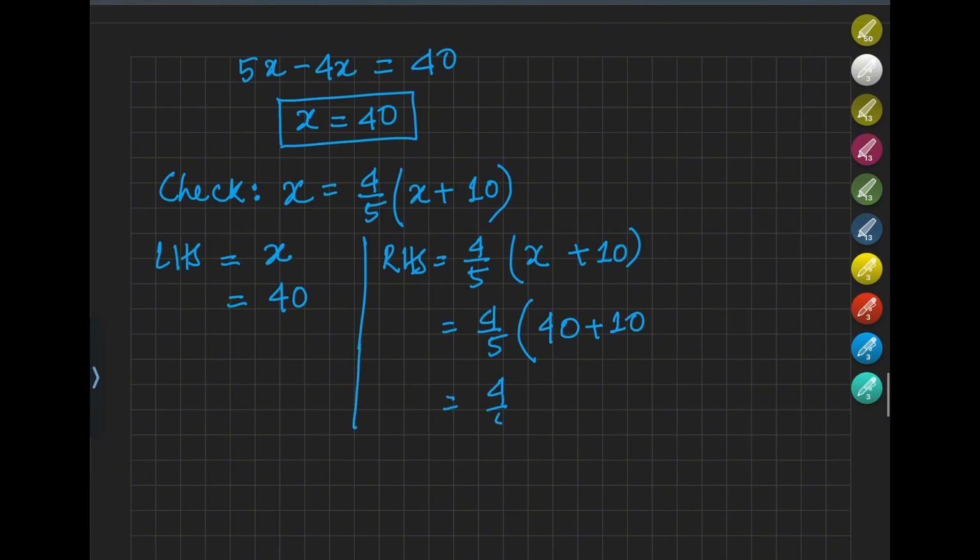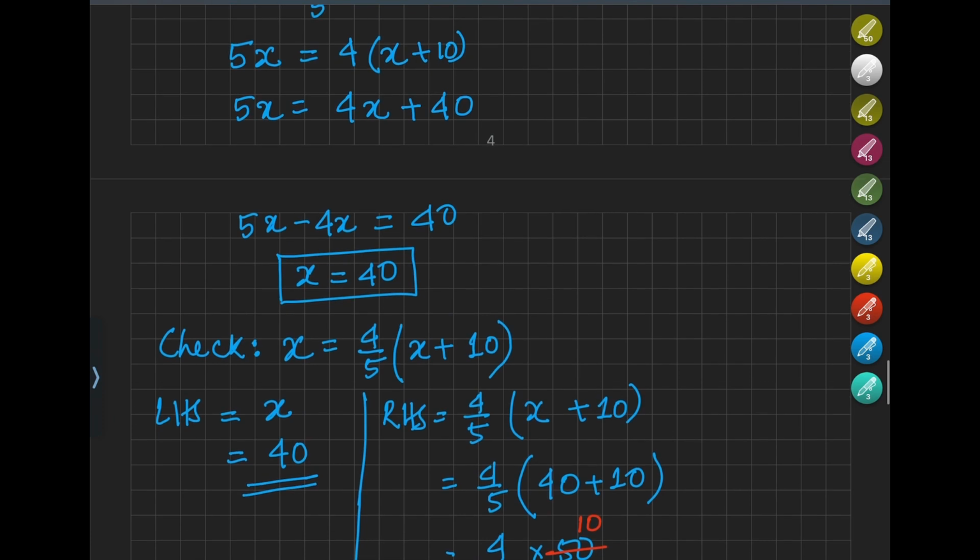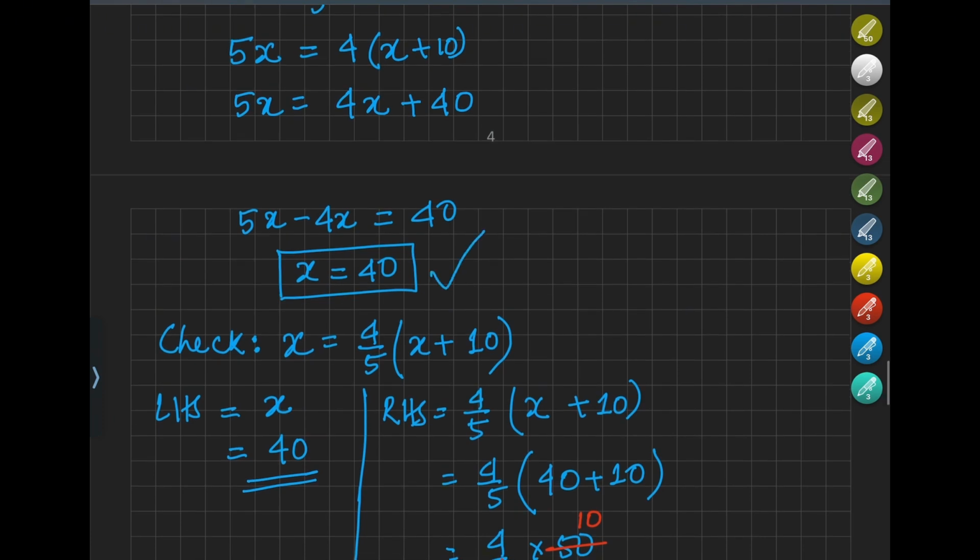So 40 by 5 is 8, 8 into 4 is 32, plus 10 is 42... In the RHS we get 40 and in the LHS we get 40. Therefore, the left hand side is equal to the right hand side. Hence, we have verified the value for x.